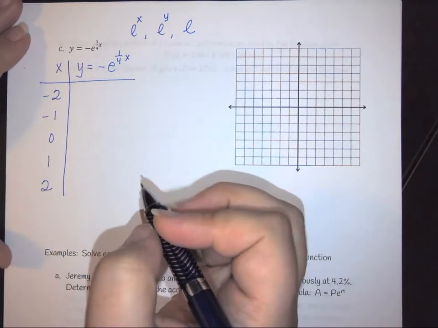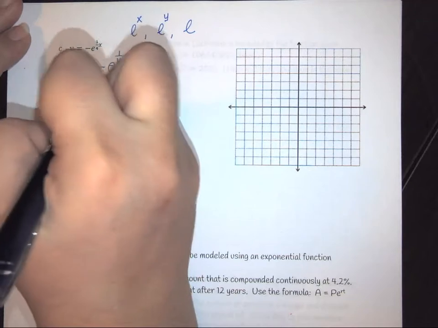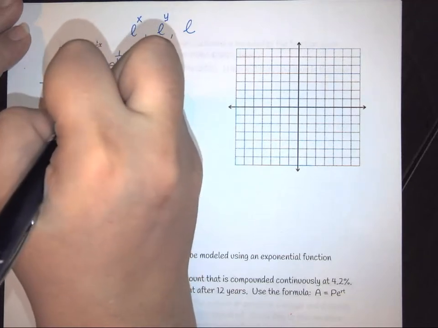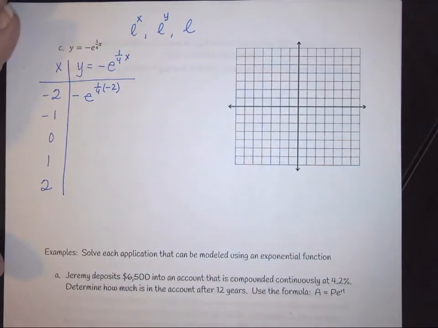And we're going to go ahead and set this up. So here again, we're going to have negative e to the 1/4 times a -2. And then in this case, you would go ahead and use your calculator in order to do the math.